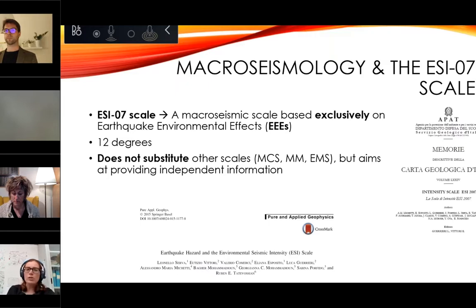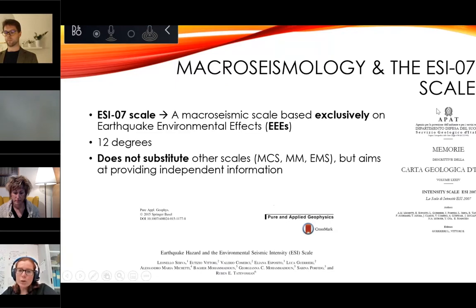So in this specific case, we believe that the ESI scale performs better than other, traditional scales, which are mainly focused on damage to buildings.